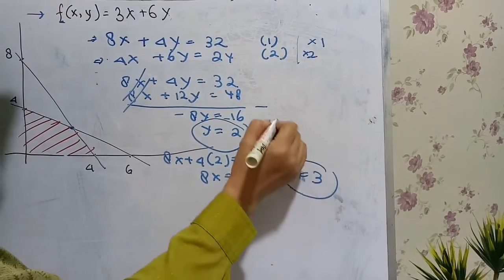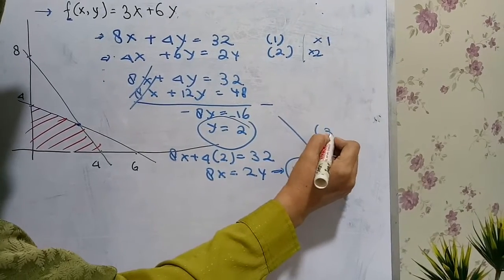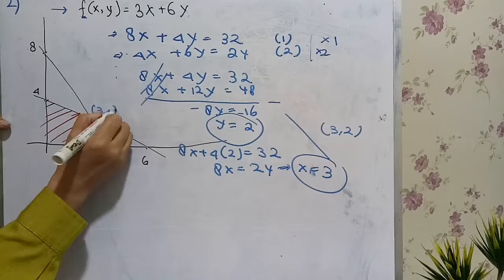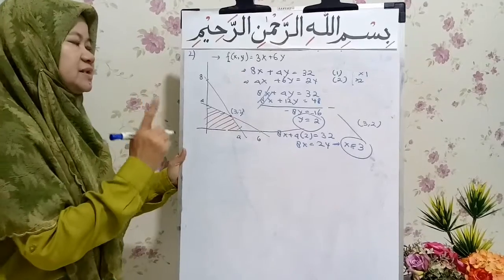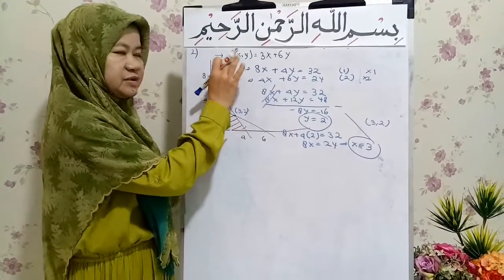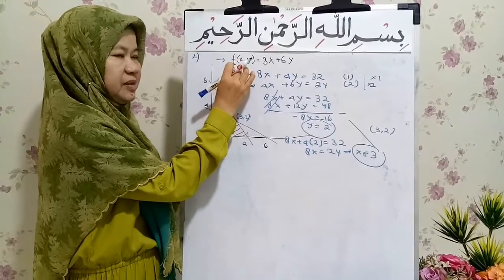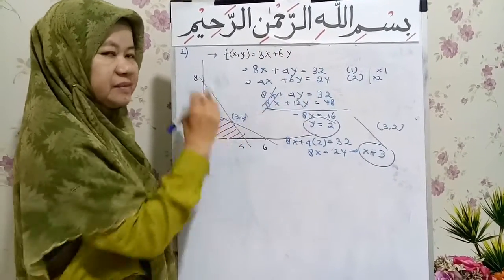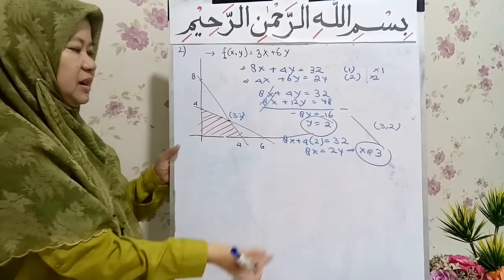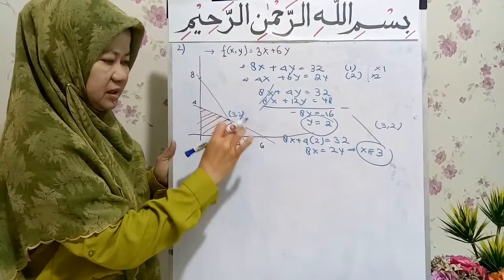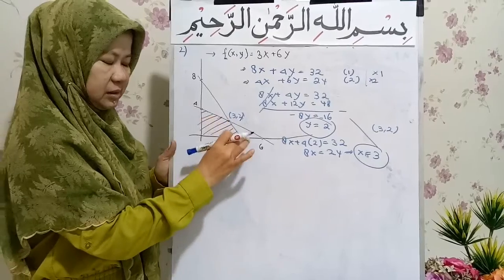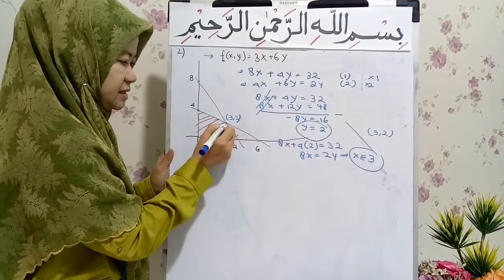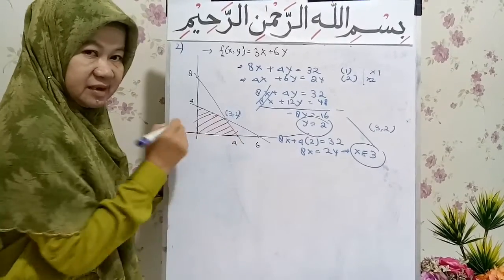So we have the coordinate (3, 2). You are asked to get the maximum value of this objective function f(x, y) equal to 3x plus 6y over this solution region. So we have this point, this point, this point, and this point.